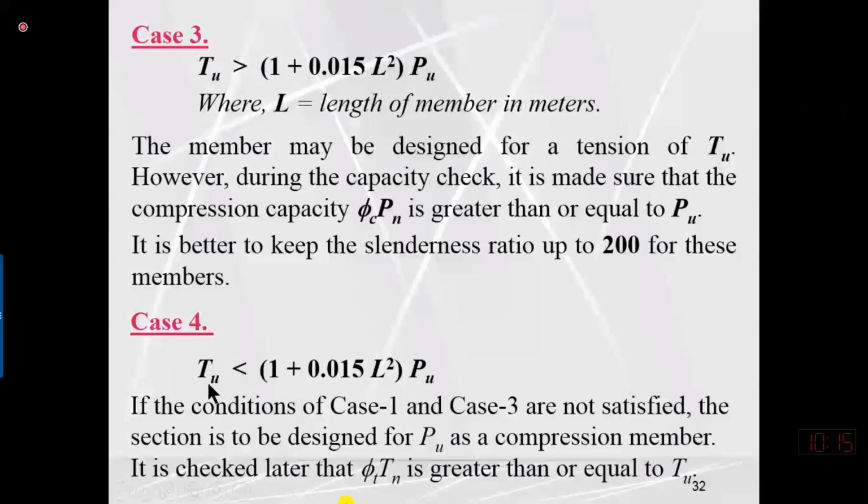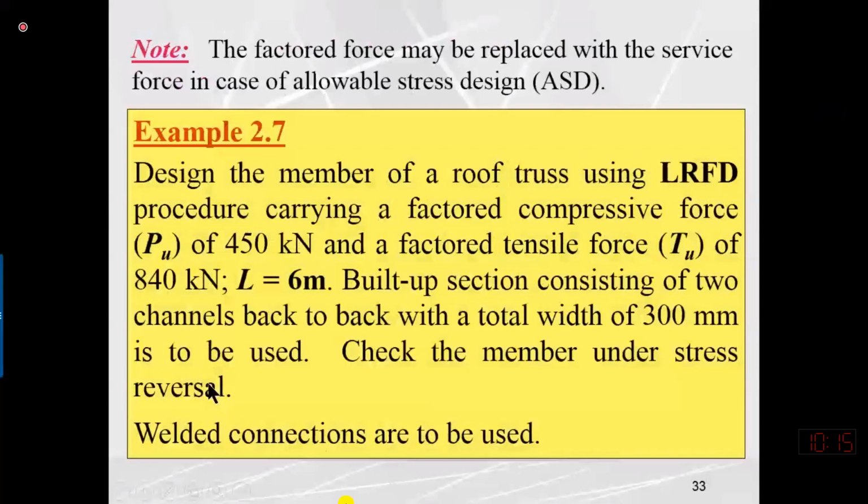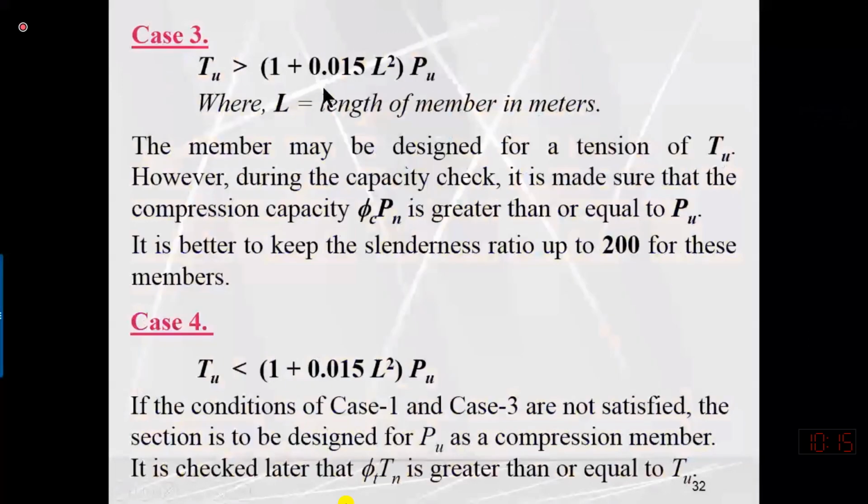Here the factored force may be replaced with the service force in case of allowable stress design. If we have ASD, then we need to compare the service tensile load against the service compressive load, not the factored loads.